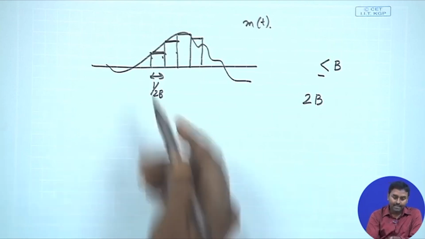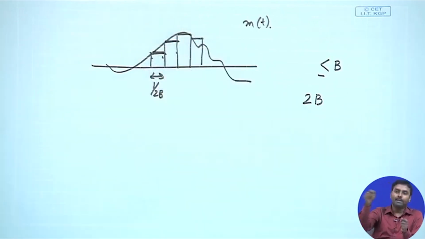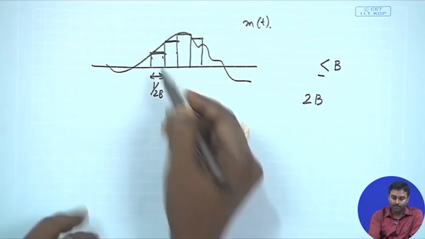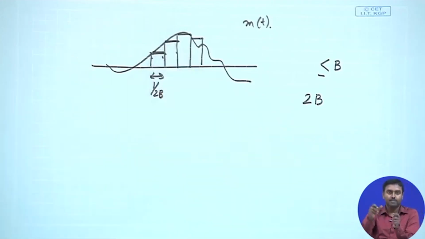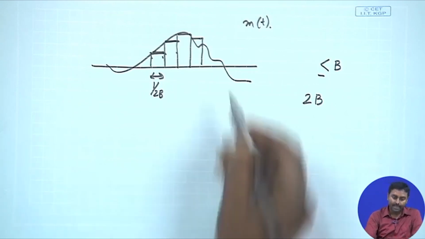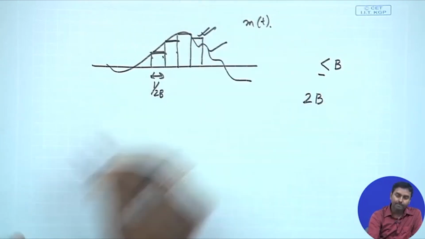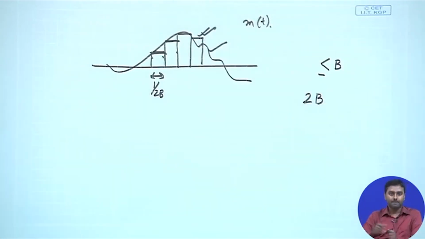So, I will say that that particular flat sampled signal, whatever boxes I have, if I just put one after another, whatever I get, that actually faithfully represents this signal. I am not saying any wrong thing over there, because I know those samples are a true representation of that whole signal. We will be proving that also, the sampling theorem says that. So, basically I can say that this particular signal can even be represented as those boxes.